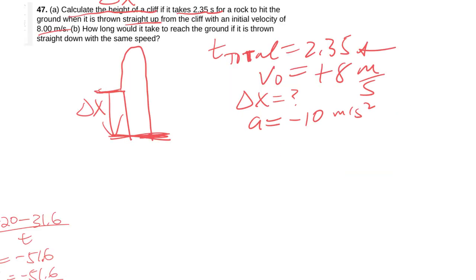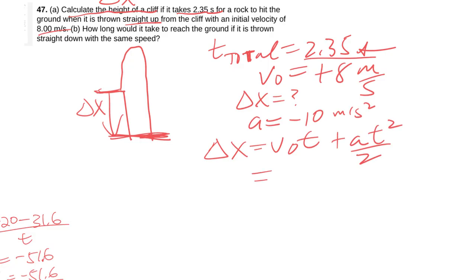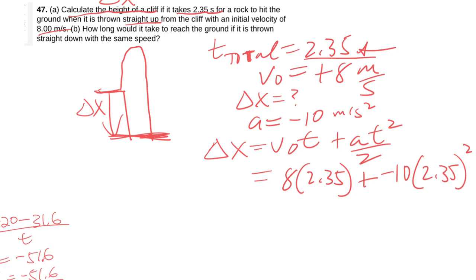So because I have time, I can use delta x equals VOT plus AT squared over 2. So this would be 8 times 2.35 seconds plus negative 10 times 2.35 squared over 2.